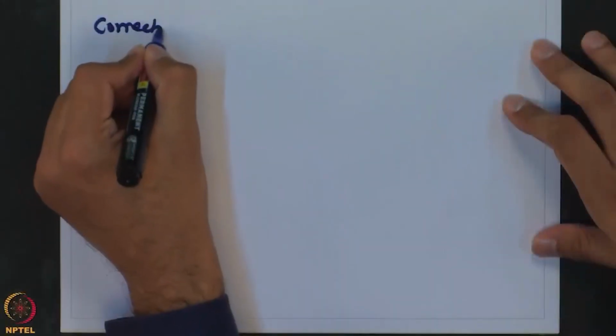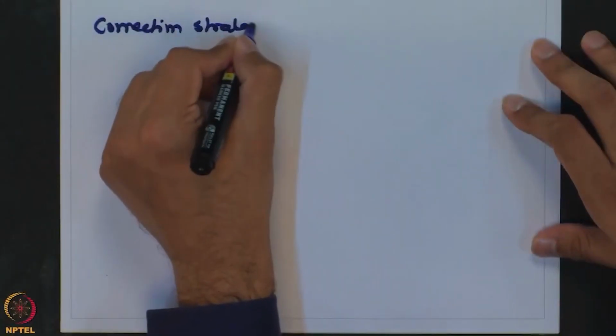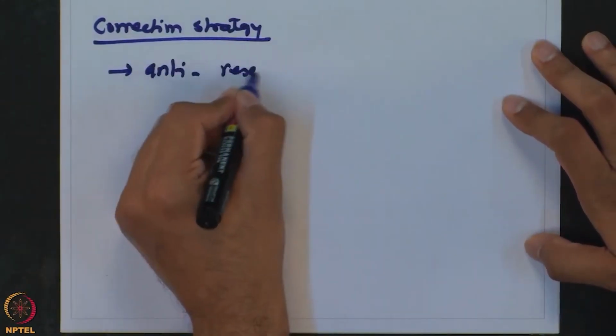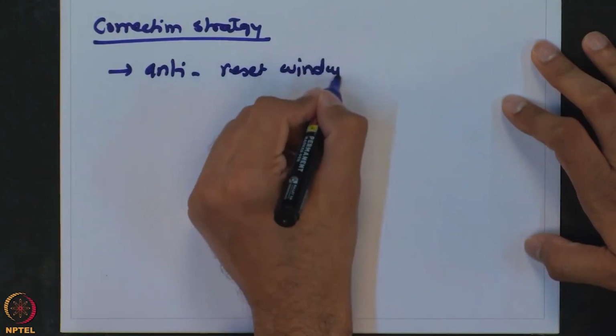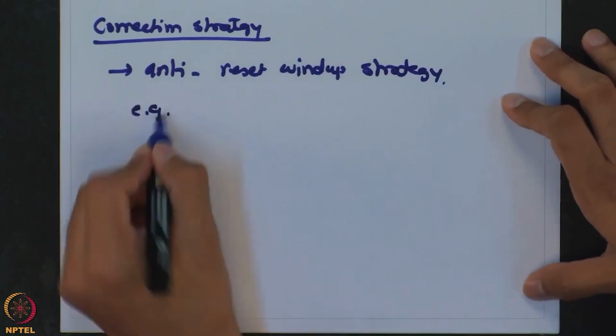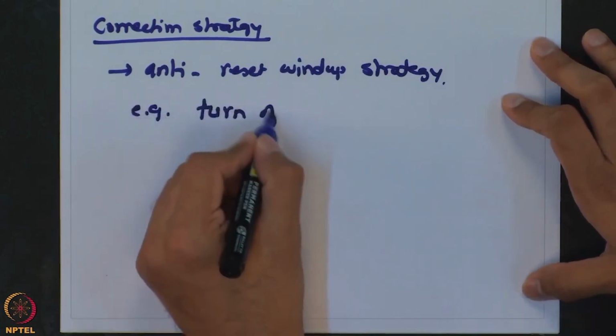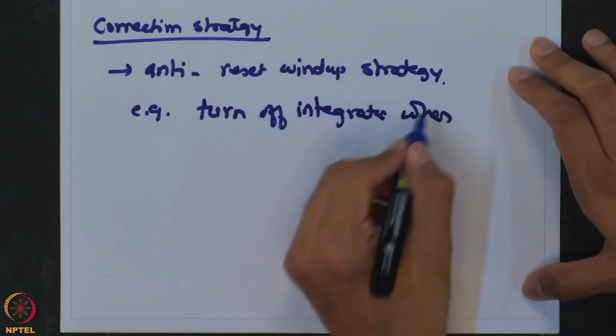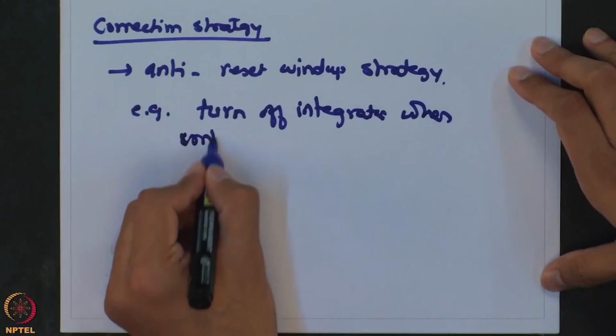The way it can be corrected is by having an anti-reset type of action. That is known as anti-reset wind up strategy. One of the strategies can be to turn off the integrator when the control valve saturates.